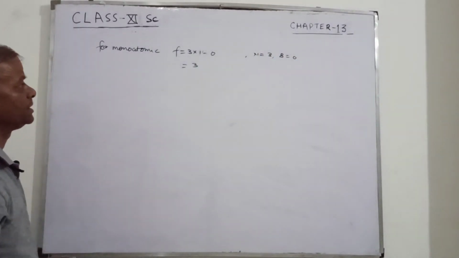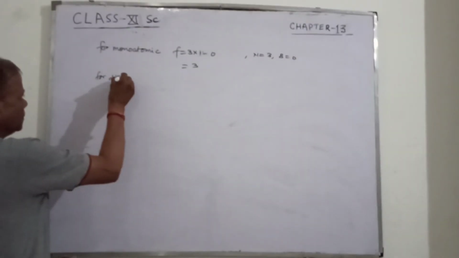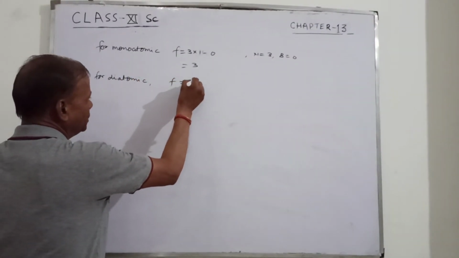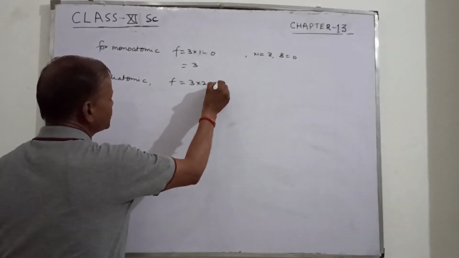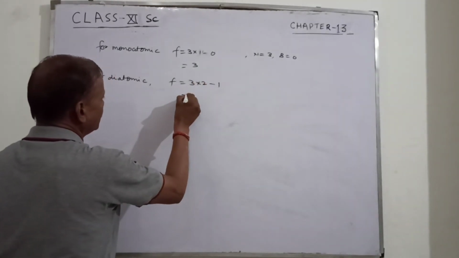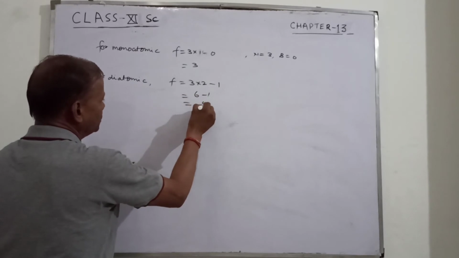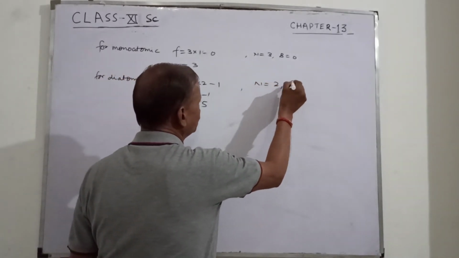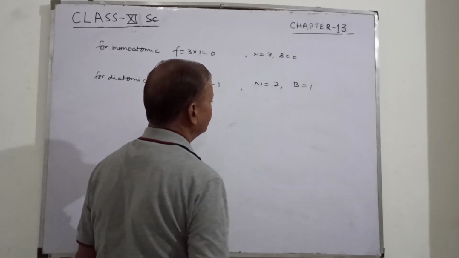Single molecule, so that is a single atom, so that has no bond at all. For diatomic, F equal to 3 into 2 minus 1, 6 minus 1, so this is equal to 5. Here the number of atoms is equal to 2 and number of bonds equal to 1.